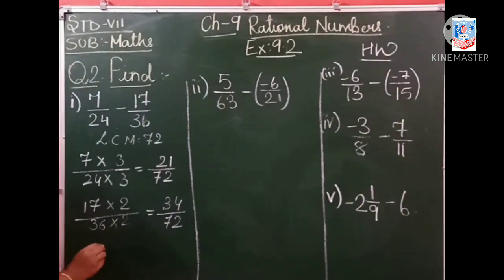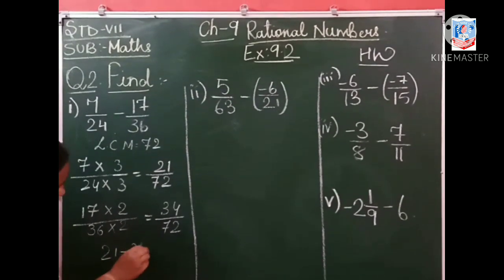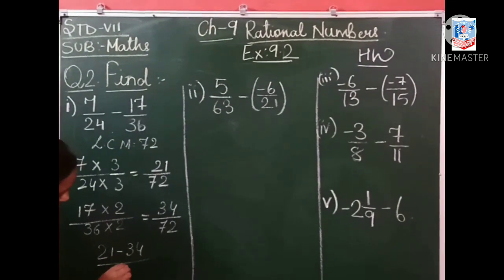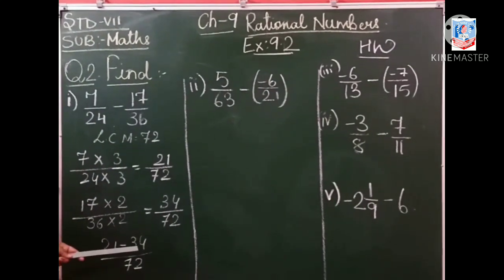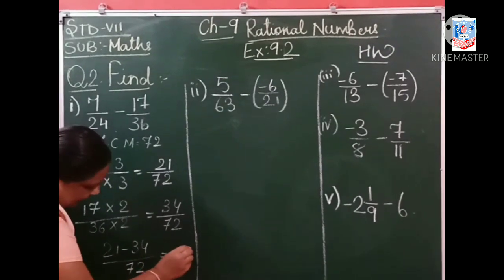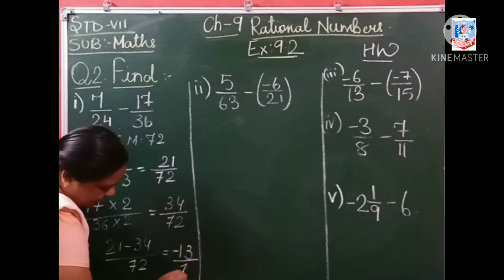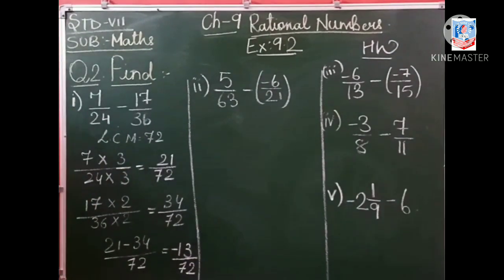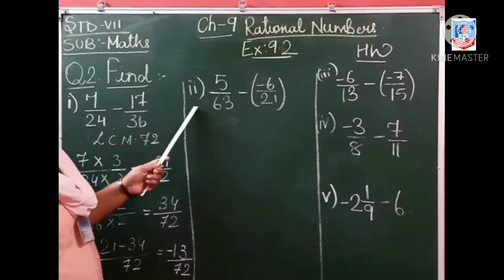Now 21 minus 34 by 72. Now subtract 21 from 34. You will get 13. And the greater sign is minus, so minus 13 by 72. This is your answer.